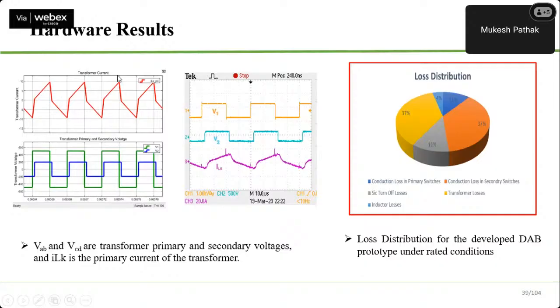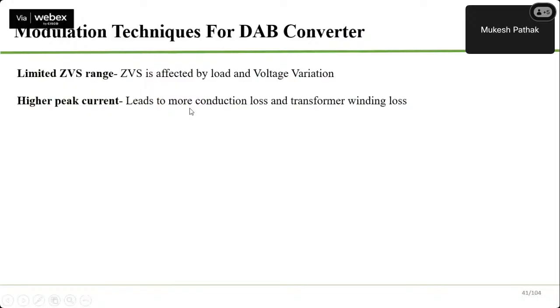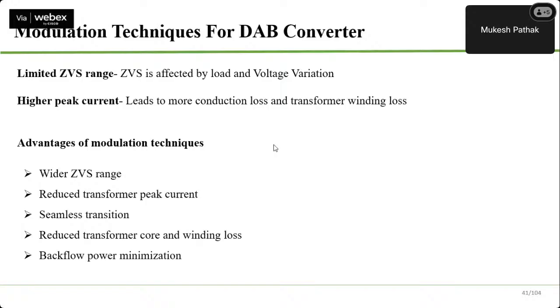These spikes create problems, as a higher peak leads to more conduction loss and loss in the transformer. So the major issues are how to make this ZVS range wider, how to reduce this peak current, how to create seamless transitions of operation between different loads, reduce the copper and core losses of the transformer, and also minimize backflow.